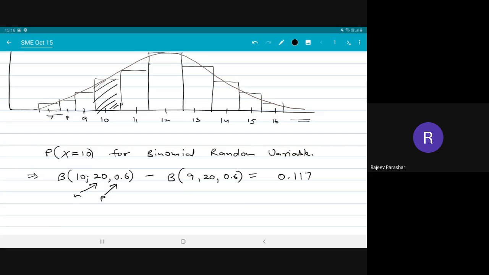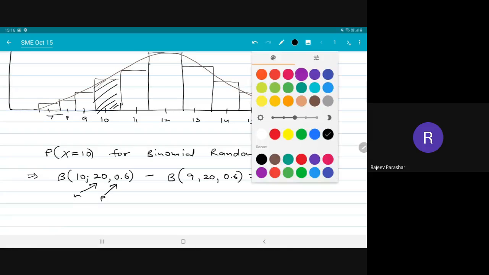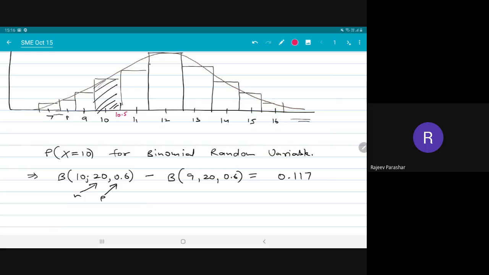Okay, now we have here 10.5 and 9.5, these two. If I want to use the normal distribution, I will have this area as the closest possible. Red is not the right color.